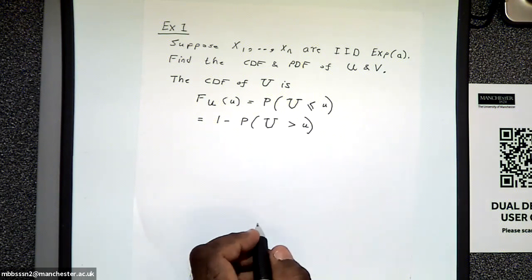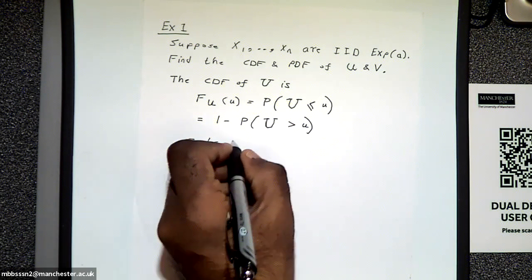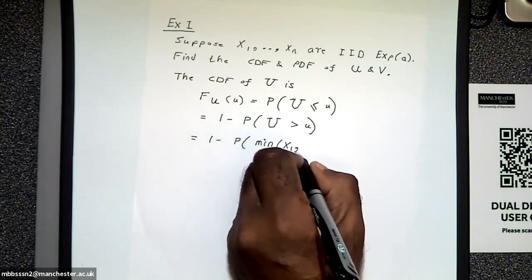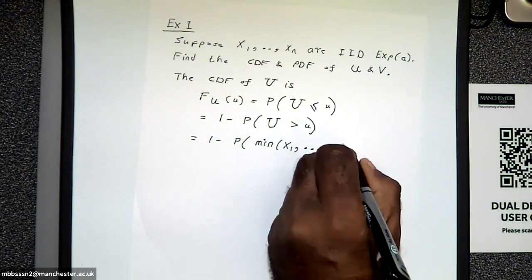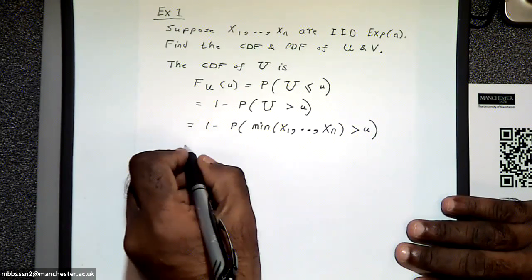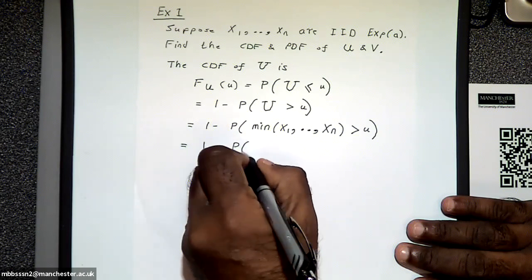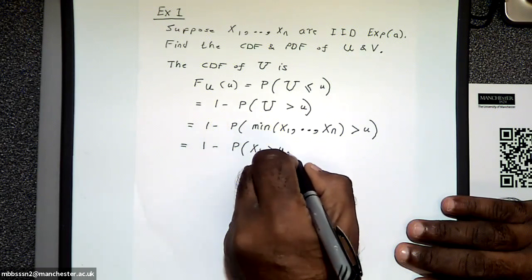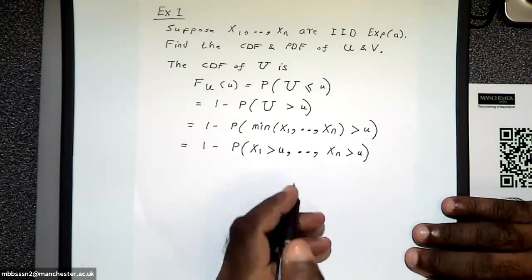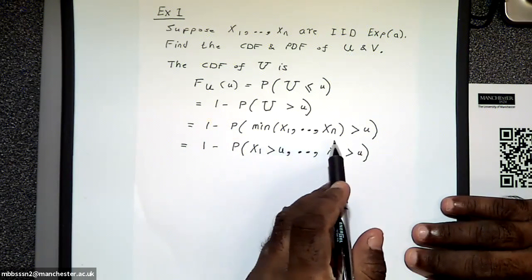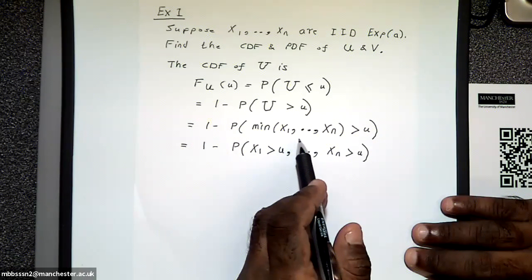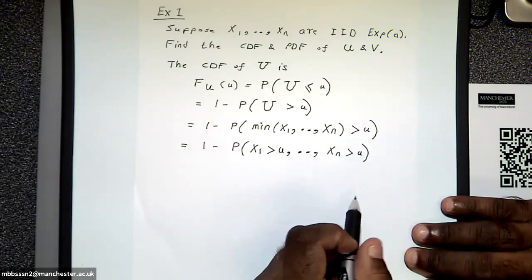So this will be 1 minus the probability that... Remember, if the minimum of a sequence of random variables is greater than u, it implies that each random variable in that sequence has to be greater than u.